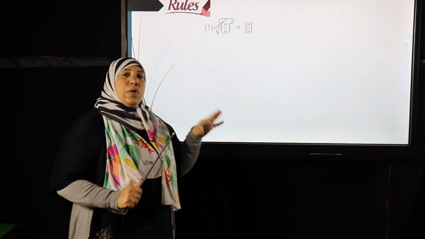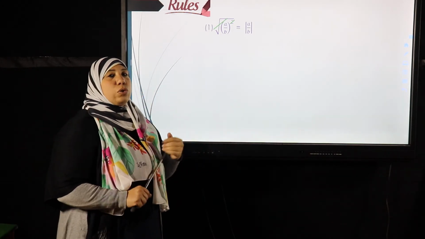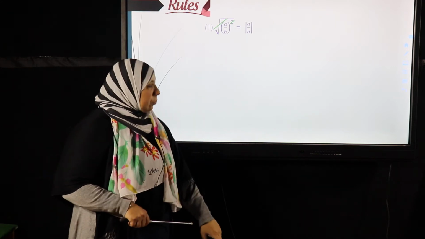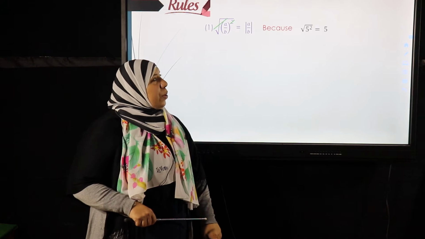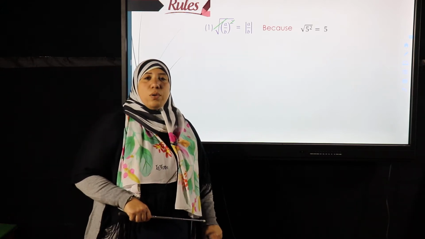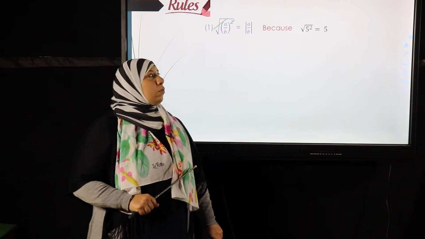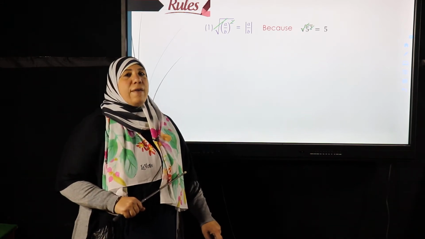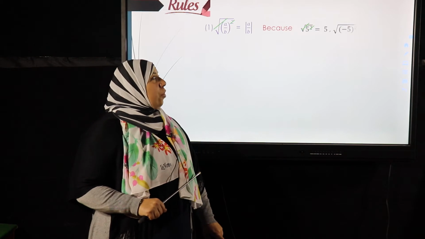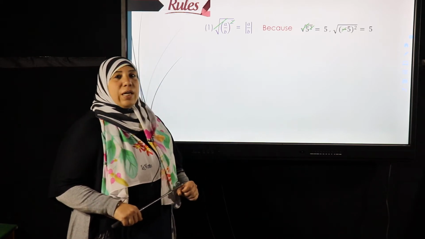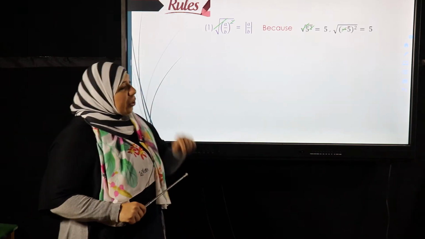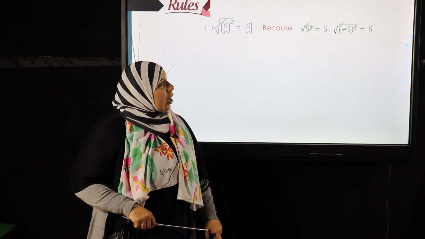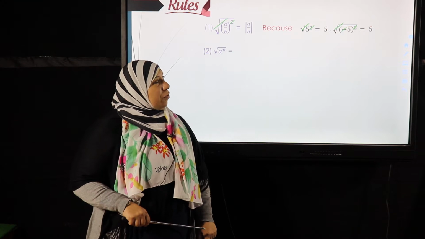If this number is negative, power 2 will make it positive. For example, the square root of 5 power 2 equals 5, because the square root and the power 2 are inverse operations of each other. And the square root of negative 5 power 2: here power 2 will take the negative away, and the answer will be 5.